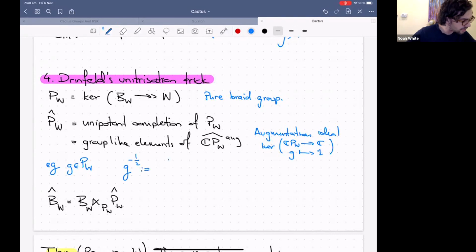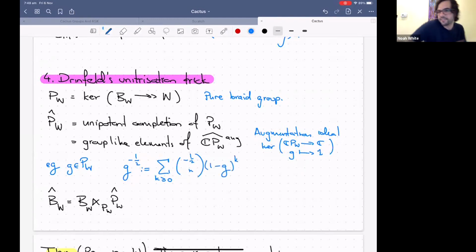Why can you do that? This would be the sum over k bigger than 0 of (-1/2 choose k) times (1 minus g) to the power of k. This is just the power series for this function. And so this is something that lives in the pre-unipotent completion.